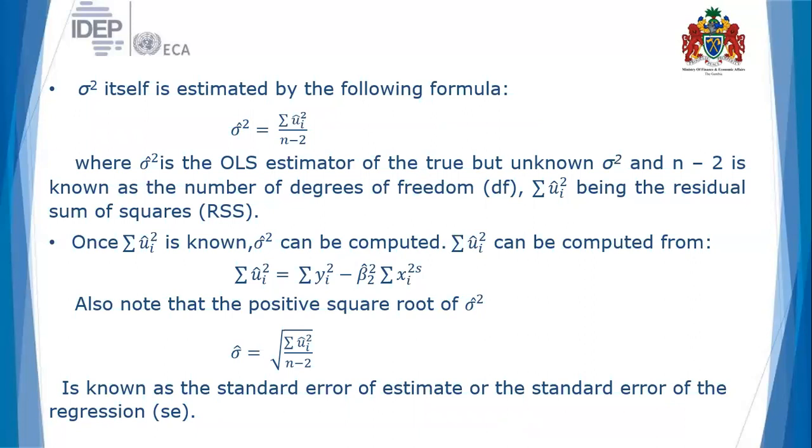We'll look at it shortly, where sigma hat squared is the OLS, ordinary least squares, estimator of the true but unknown variance, sigma squared, and n minus 2 is known as the number of degrees of freedom, df, and the summation of mu hat i squared is the residual sum of squares, RSS.